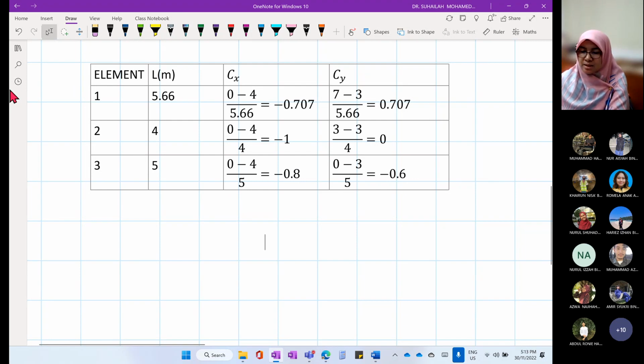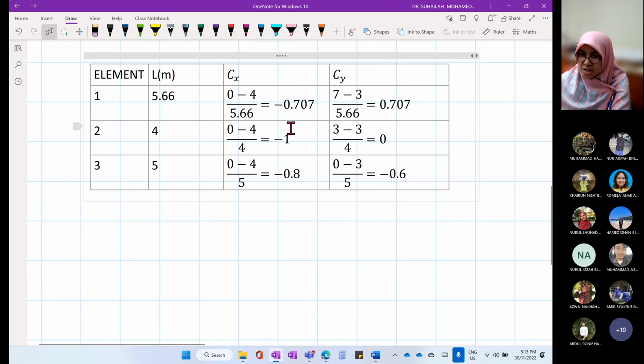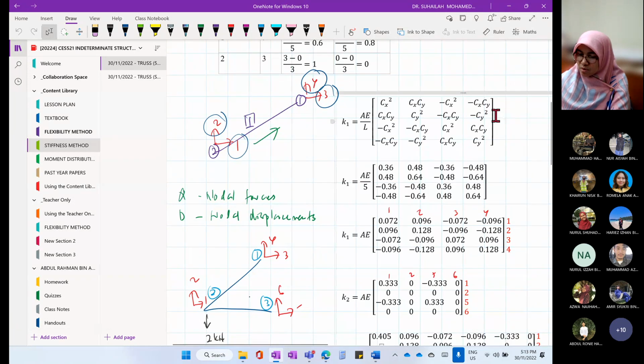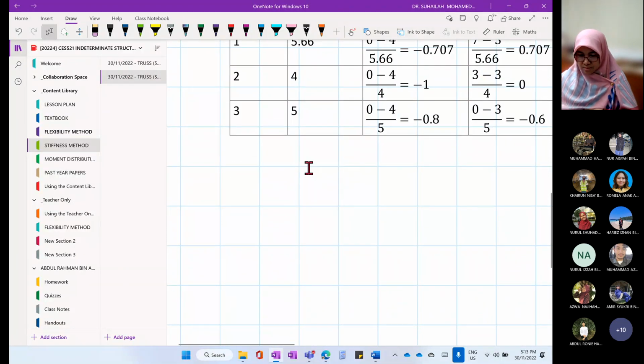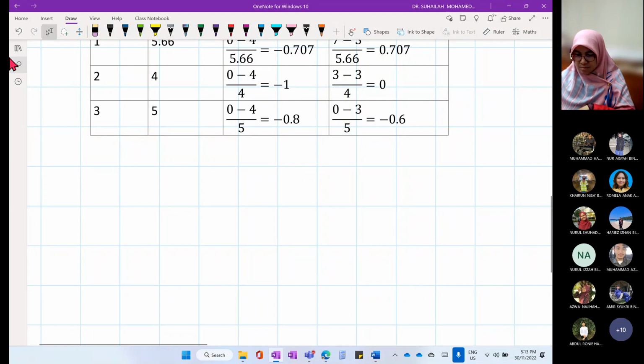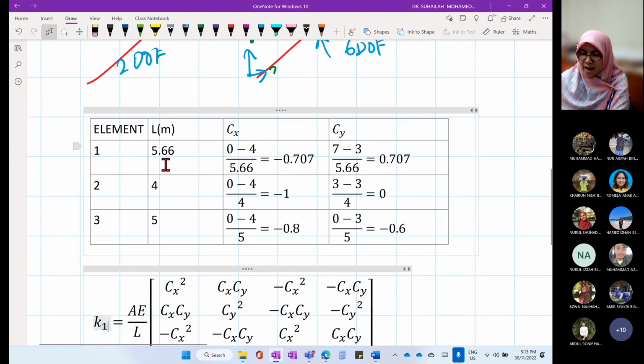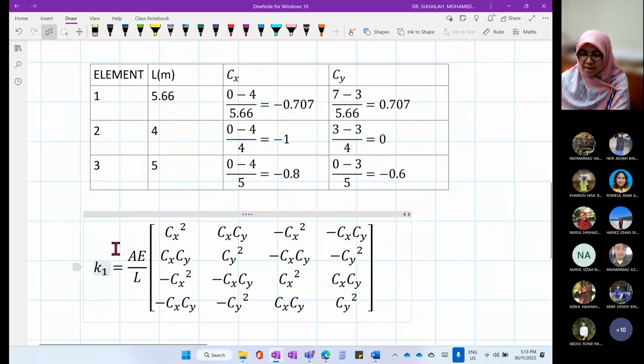So from this, we will now substitute into the formula. This is the formula. For K1, we will use Cx negative 0.707 and Cy 0.707. Substitute and divide by L, then we will get K1.